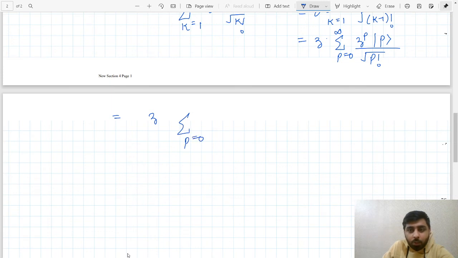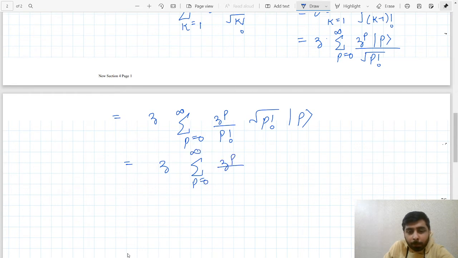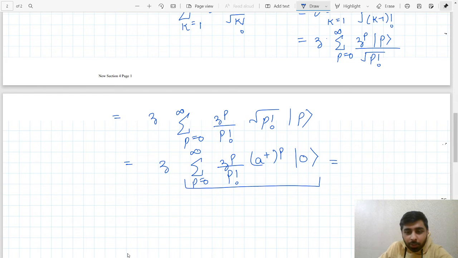So from here what we are going to get is the sum over p equals 0 to infinity of z to the power p upon p factorial times square root of p factorial times the state p, and it does not take long to realize that this is simply a dagger applied exactly p times on the ket state 0, and this is nothing but just the original state.